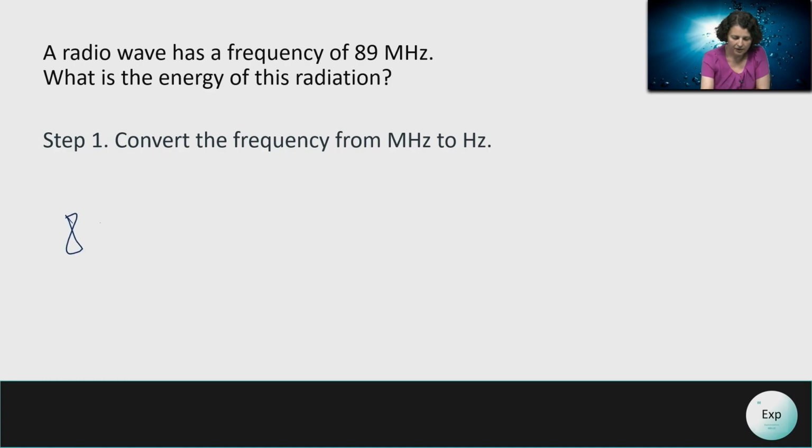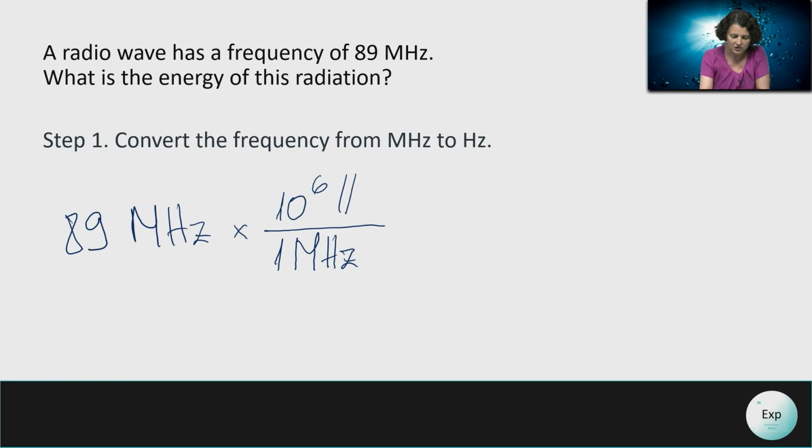So in step one, we take our 89 megahertz and we convert it to hertz. We multiply by our conversion factor that has a 1 megahertz on the bottom and 10 to the 6th hertz on the top. The megahertz will cancel and we will have 8.9 times 10 to the 7th hertz.